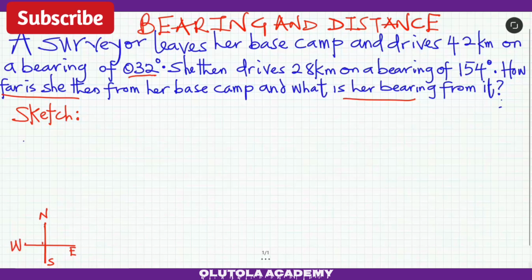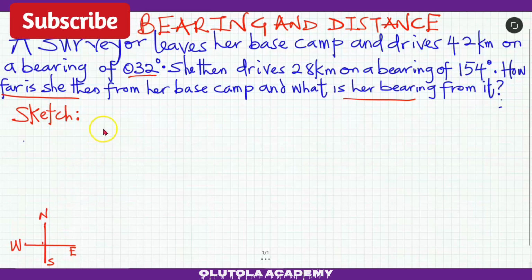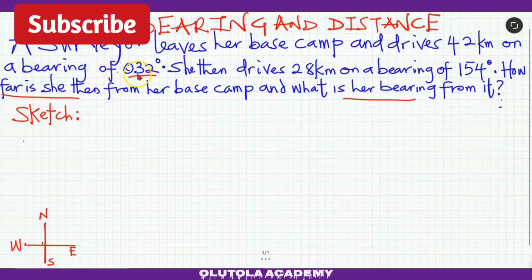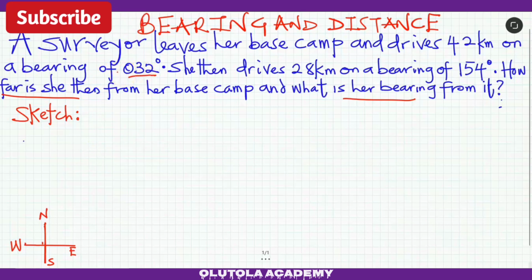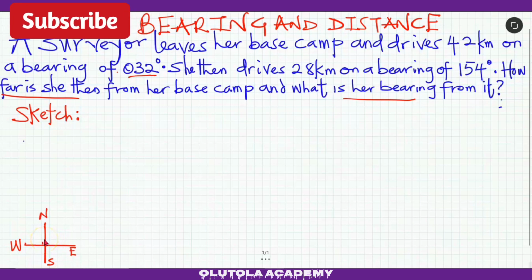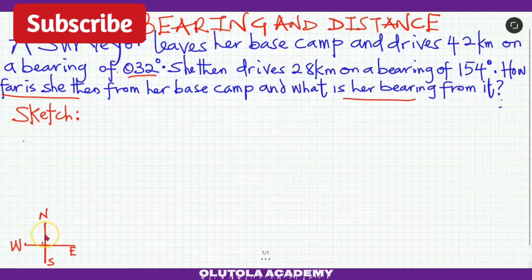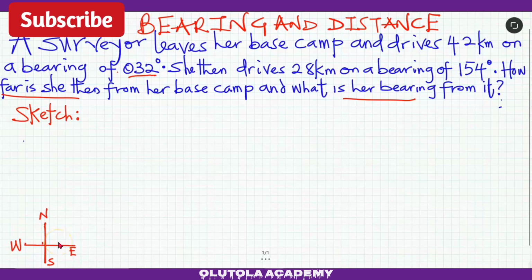Alright, so the question says she leaves her base camp on a bearing of 032 degrees. As I said earlier, this is a three-figure bearing, which we always read from the north, and we read in the clockwise direction. So I'll start from the north and read to my right. That's my clockwise direction.